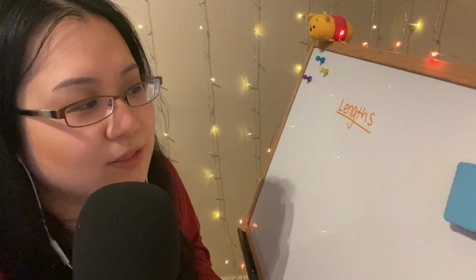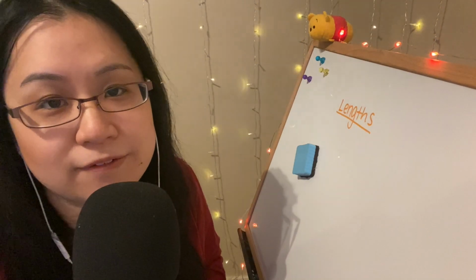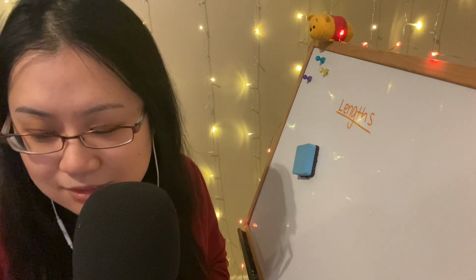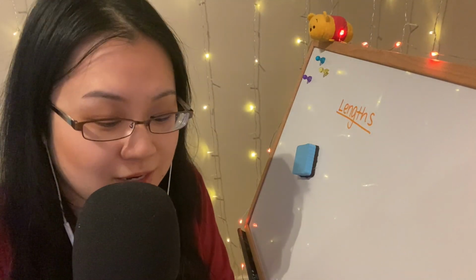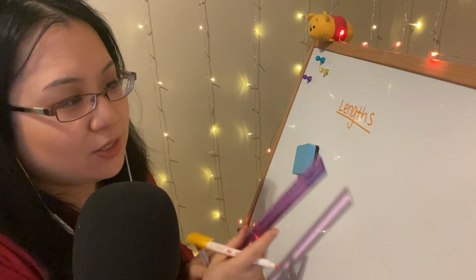Lengths of the sides. So first of all, a triangle is going to have 3 sides and 3 angles.